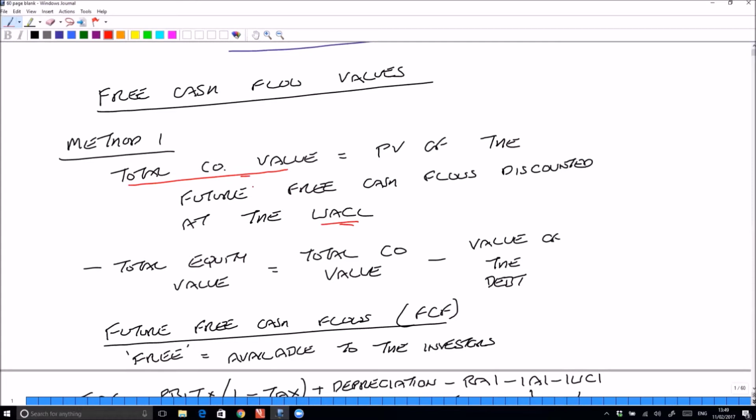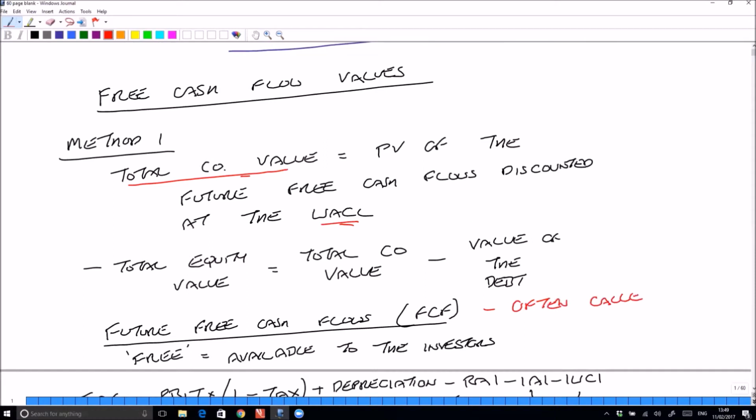And here Michael's asking, what's the difference between free cash flows to the firm and free cash flows to equity? Free cash flows to equity are the free cash flows just available to the equity holders. And we'll come on to that later on. What I've described here as the FCF, the examiner very often does call this the free cash flows to the firm. And let's just write that in.